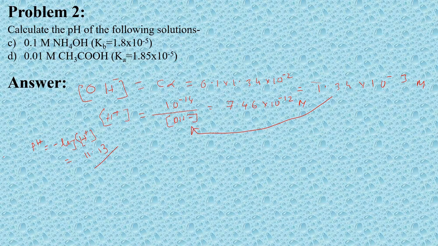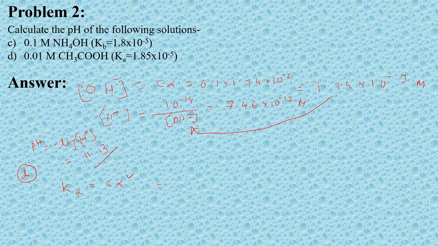Now for D, we solve the fourth problem. This is acetic acid. Acetic acid is also a weak acid. So here we can identify similarly Ka is equal to C alpha square.